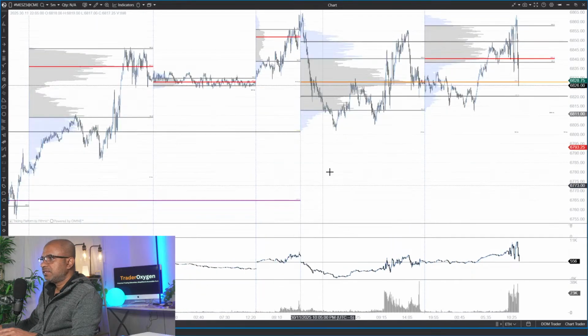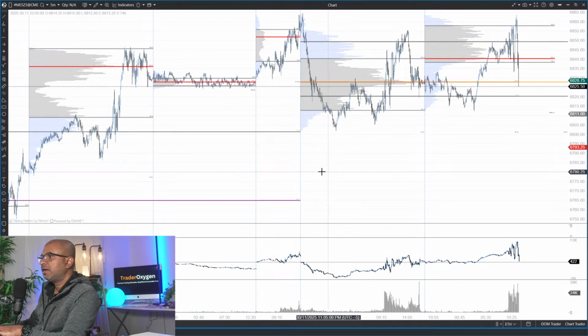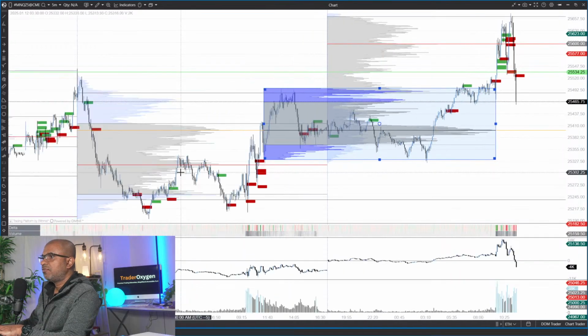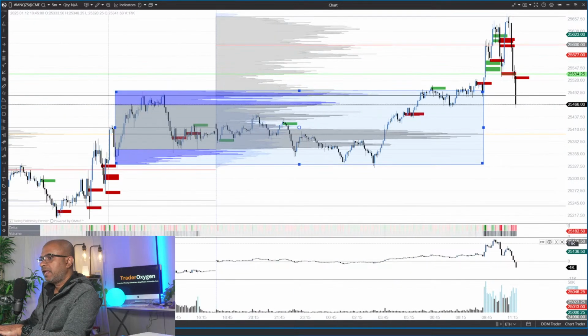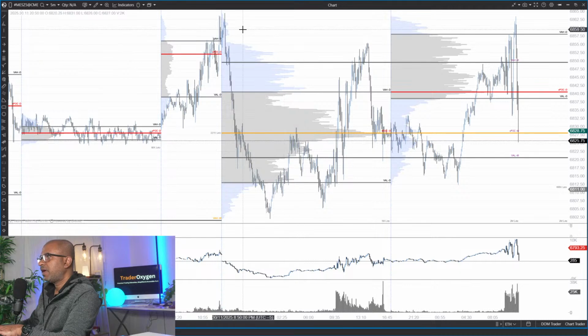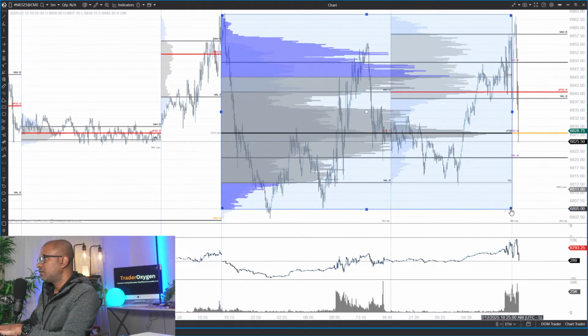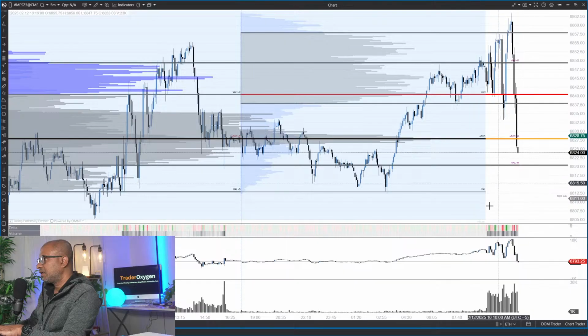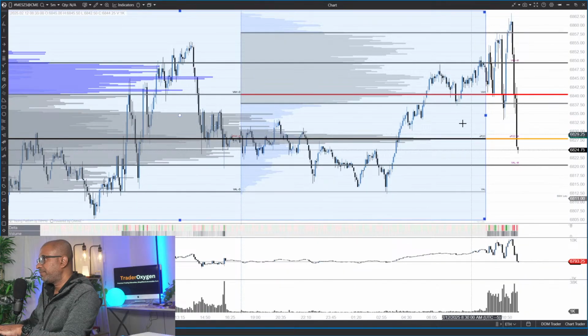If I draw a somewhat similar range into the S&P 500, I will have to cover this area, from here to here, until 9:30 New York start time.